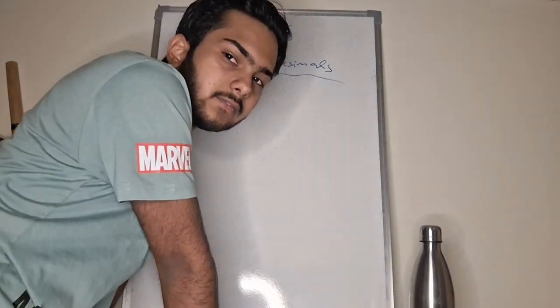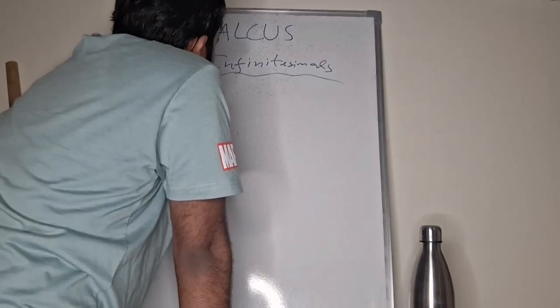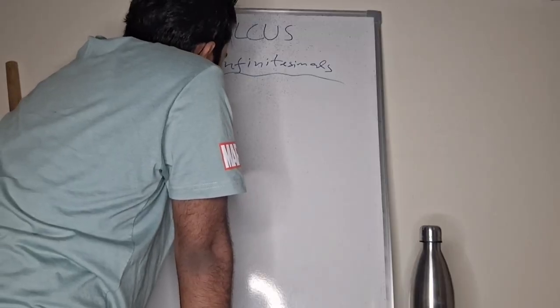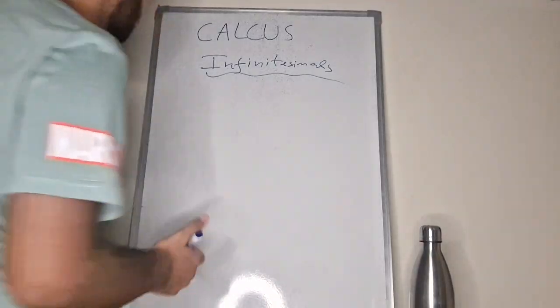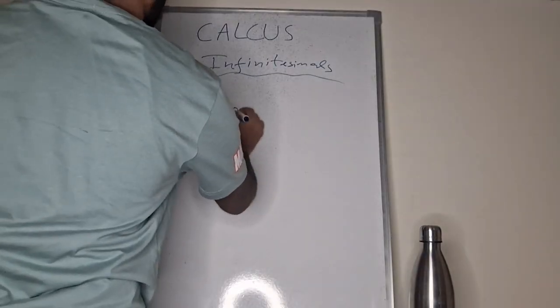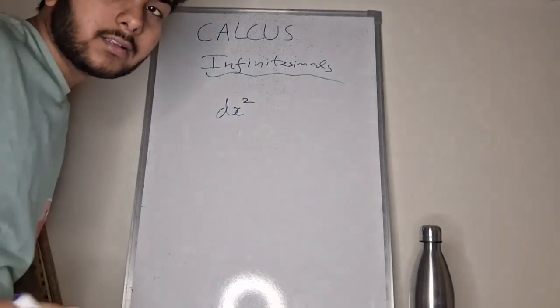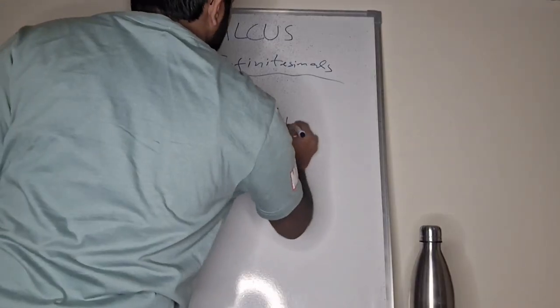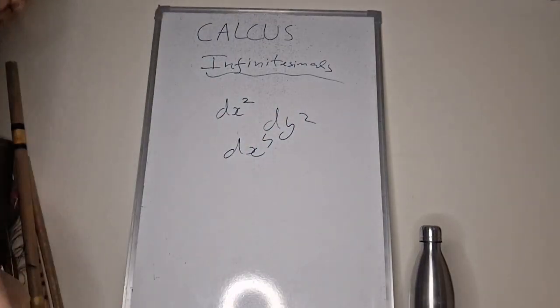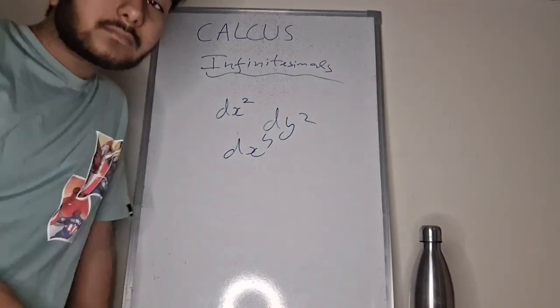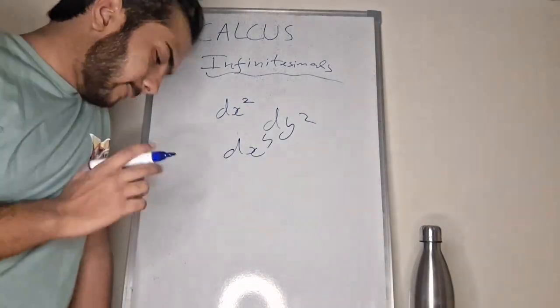So these were infinitesimals. Now, there are orders of infinitesimals like dx square, dy square, dx power 4. Now what is this?